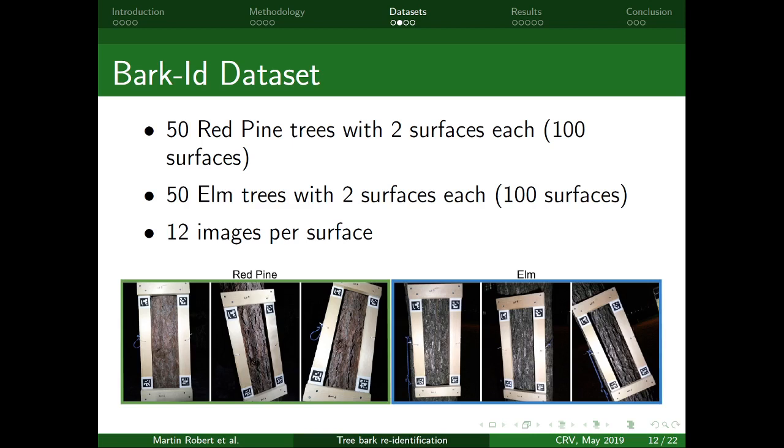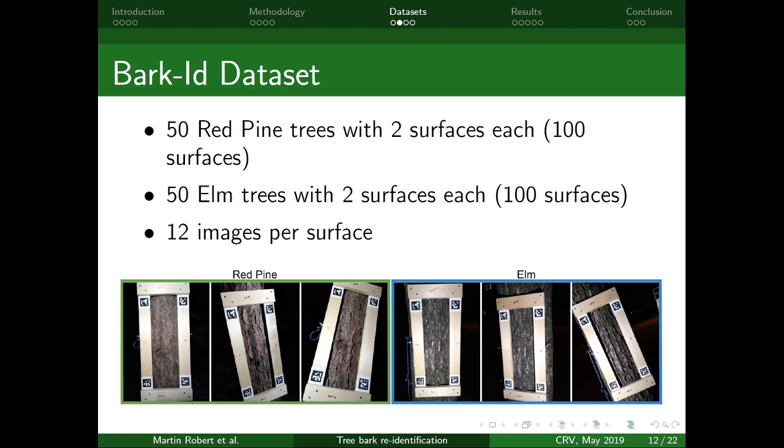This dataset is composed of 50 red pine trees with 2 surfaces per tree, totaling 100 red pine surfaces. And we also collected 50 elm trees with, once again, 2 surfaces per tree for a total of 100 elm surfaces. For each surface, we took 12 images with different variations of illumination and viewpoint.